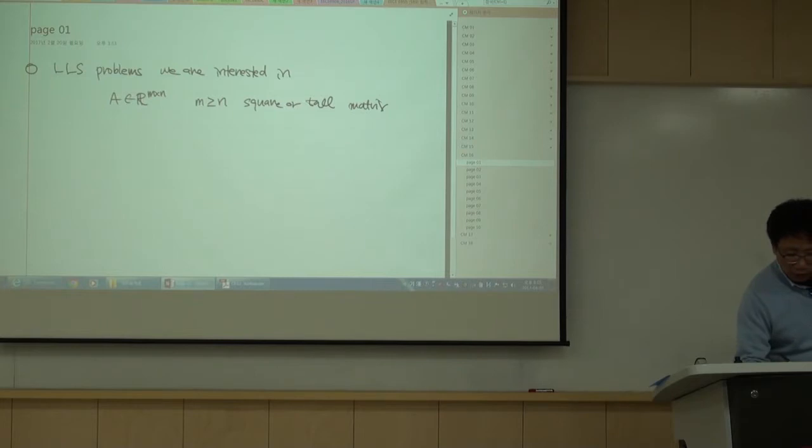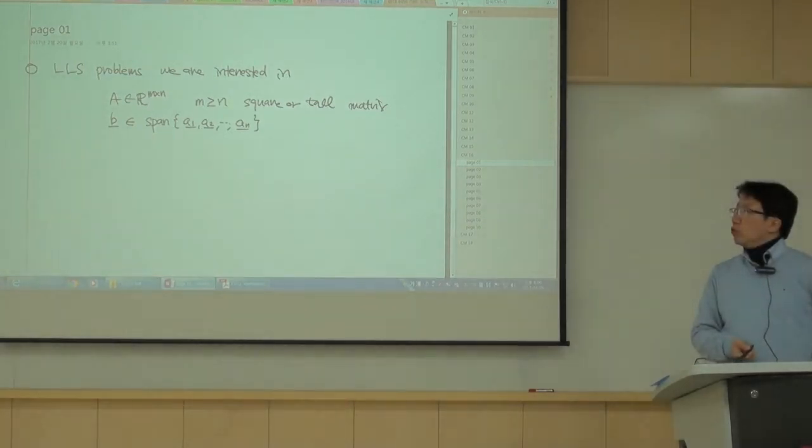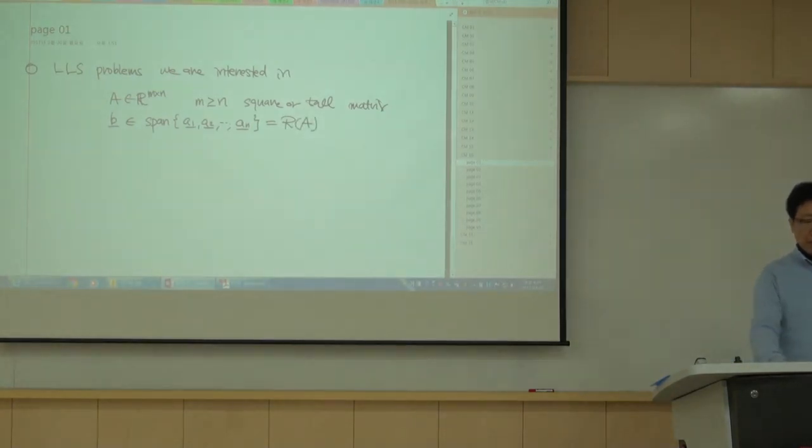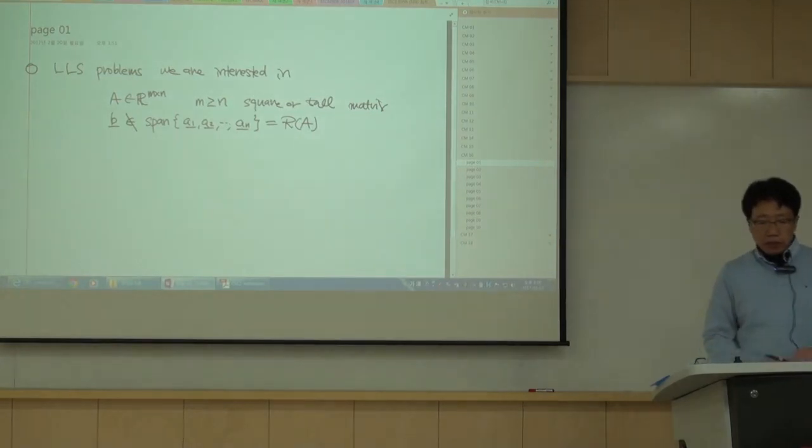and the vector b is a member of the span of the columns of the square or tall matrix A, that is the same as the column space of matrix A. What does this mean?